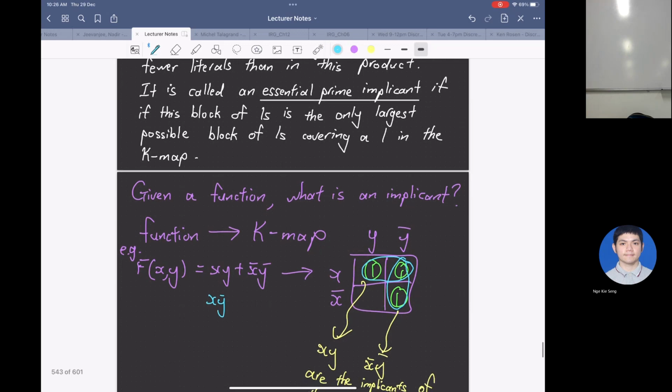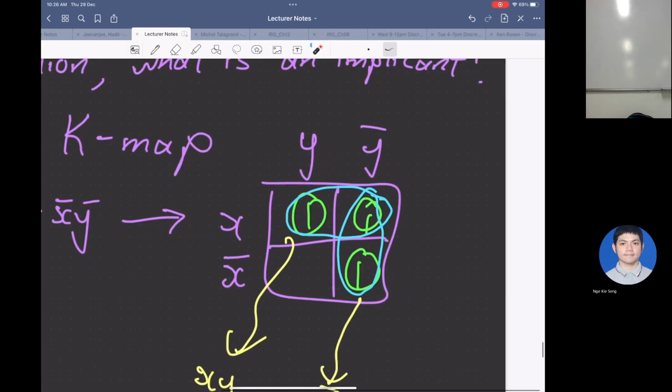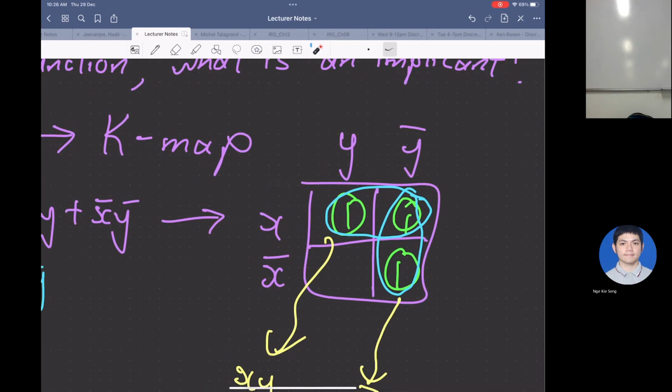Essential. So what's essential? This block of 1 is the only largest possible block of 1 covering at least one in the map. Since the green one is not prime, it is definitely not essential anymore.